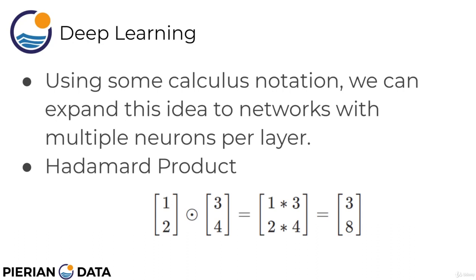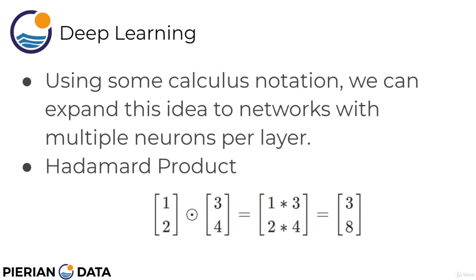So using some calculus notation, we can expand this idea to networks with multiple neurons per layer. And there's going to be some notation you'll see in just a little bit, which, if you're a little rusty on linear algebra or calculus, is called the Hadamard product. It's actually a product that you're already familiar with because it's kind of the default with NumPy and these different deep learning libraries, where you're performing an element by element multiplication.